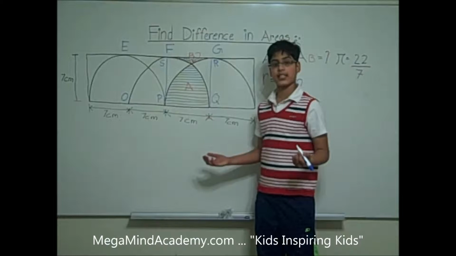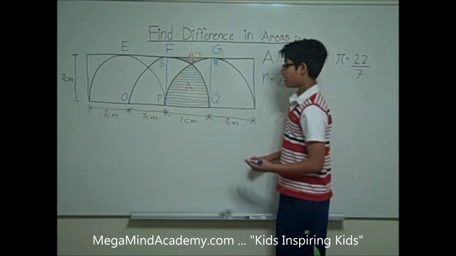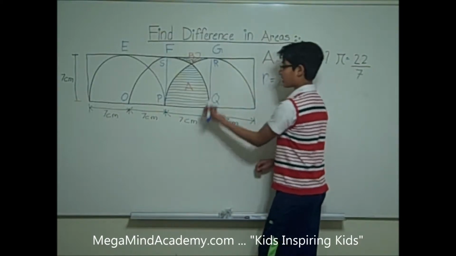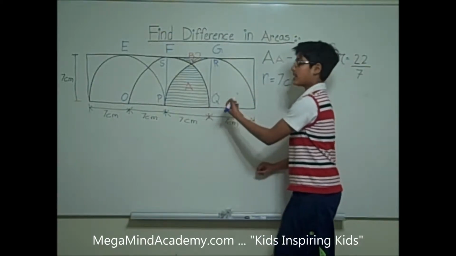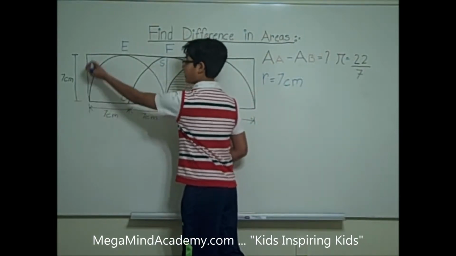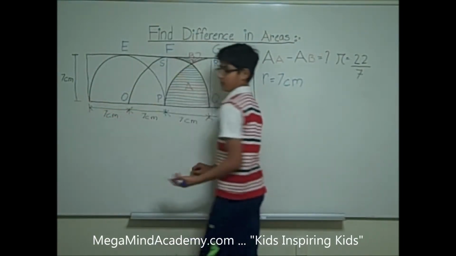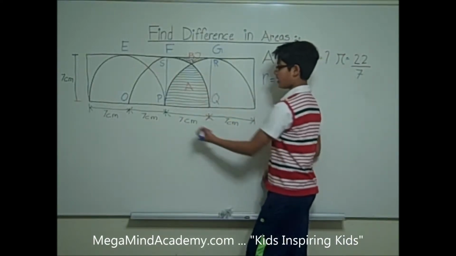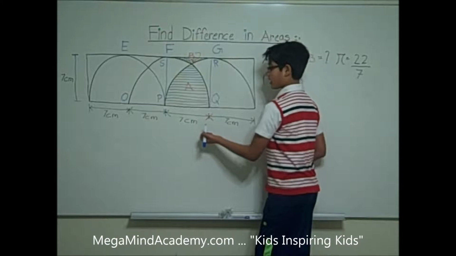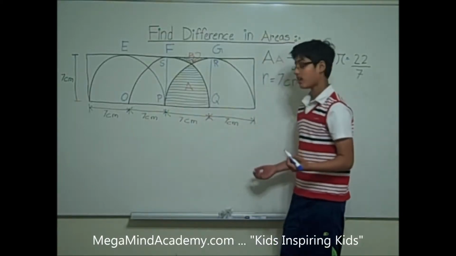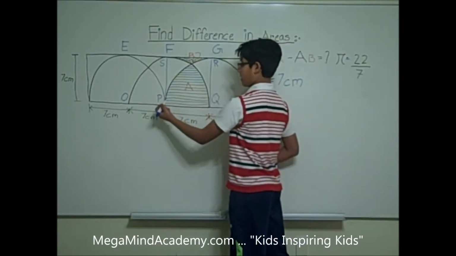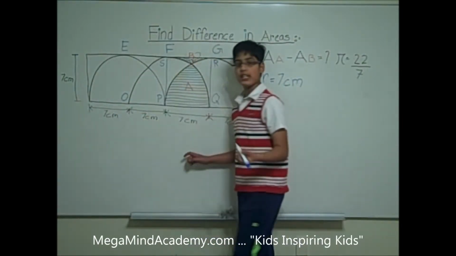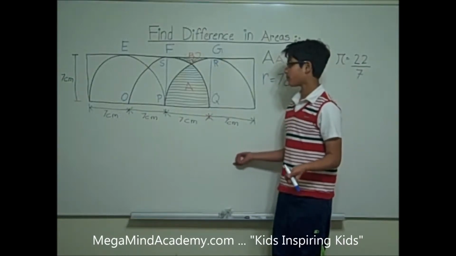We can verify that this is a square because the side PQ measures 7 centimeters, the side RQ measures 7 centimeters because the height of this rectangle is 7 centimeters. Side SR measures 7 centimeters because side PQ measures 7 centimeters, and side SP measures 7 centimeters because the height of the rectangle is 7 centimeters.